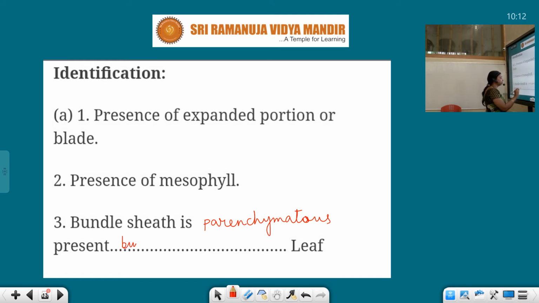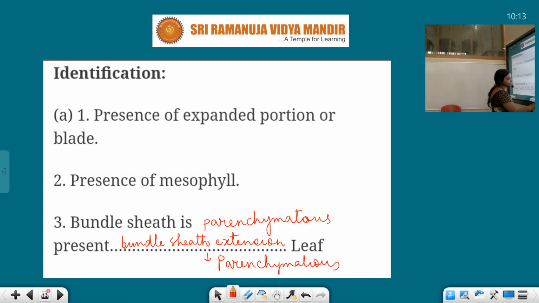Bundle sheath extensions are also parenchymatous. Presence of mesophyll, it is distinguished into palisade and spongy tissues, spongy parenchyma.